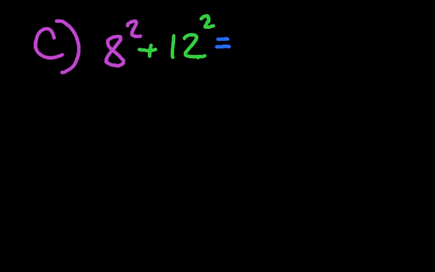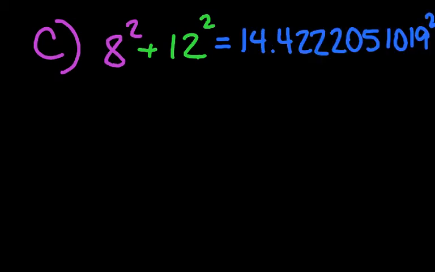Let's look at C. You have 8 squared plus 12 squared equals. Be careful with the square root of 208. You may want to find the answer to that first. Now, the square root of 208 is going to be the same thing as saying something squared. So whichever way you want to do it, it's fine.